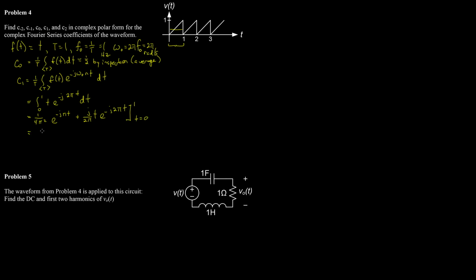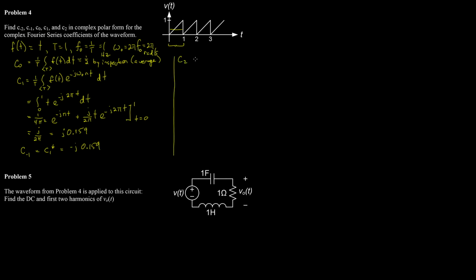And that collapses down to just j over 2 pi, which is equal to, from your calculator, j times 0.159. Now, since you found your C1, you instantly know your C sub negative 1 is just C sub 1 complex conjugate. So that is equal to minus j 0.159.